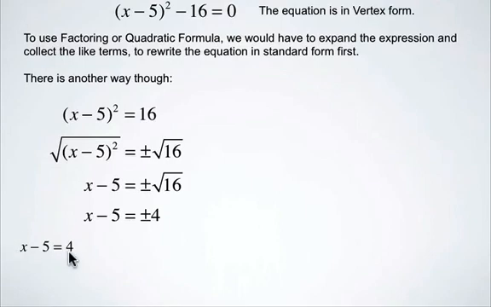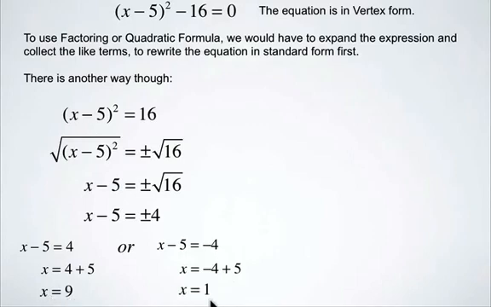So x minus 5 is equal to 4, or x minus 5 is equal to negative 4. Therefore, x equals 4 plus 5, or x equals negative 4 plus 5. So x is equal to 9, or x is equal to 1. So the solution here is x equals 9, or x equals 1.